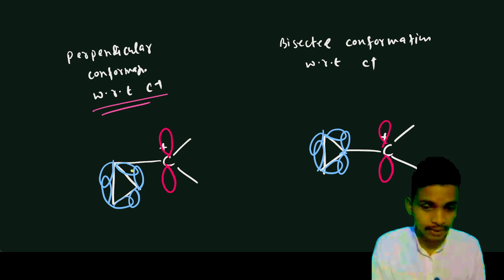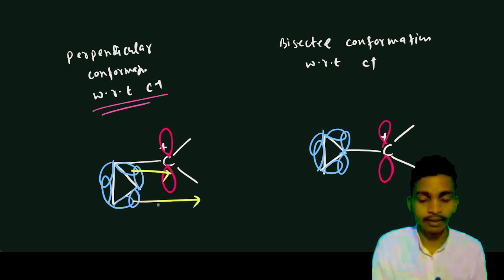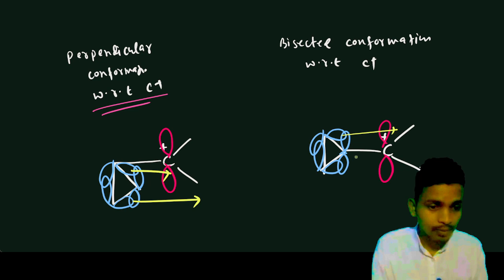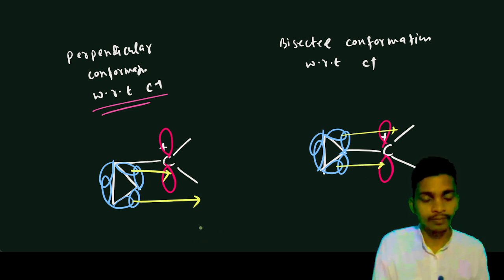They may go like this, they may go like this, but they are not going to the vacant p orbital. But if it is a bisected conformation with respect to the carbocation, electrons go directly to this vacant p orbital. So here proper electron transfer will happen.